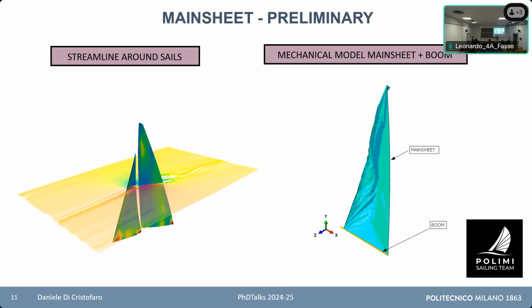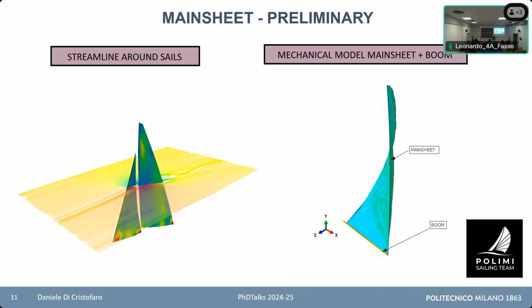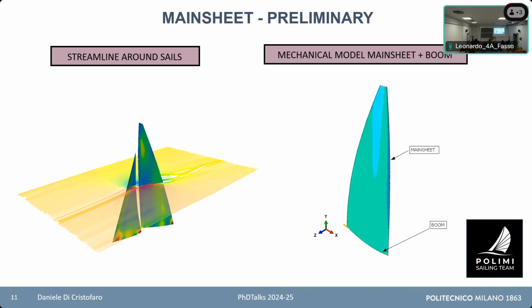Okay, and you can see that in this small animation, there is this pressure applied on the sails, and at a certain point, the pressure changes direction, and the boom is following the sails. So there is this interaction between the parts. And of course, our final goal is to also apply FSI to this kind of simulation with the help of the sailing team.